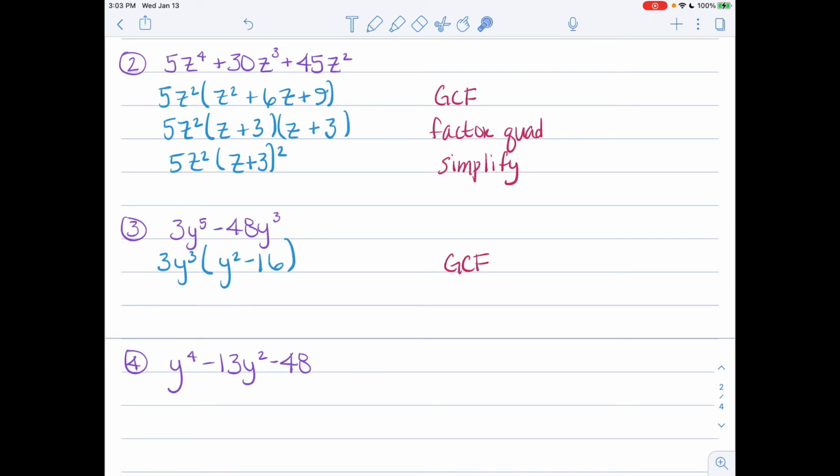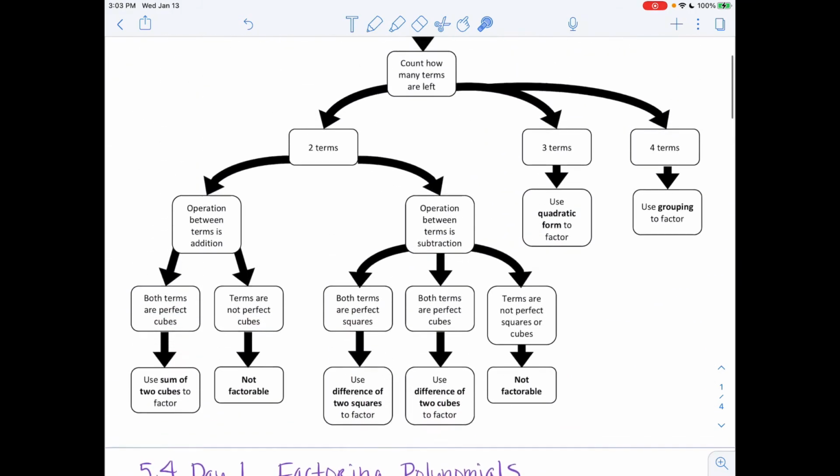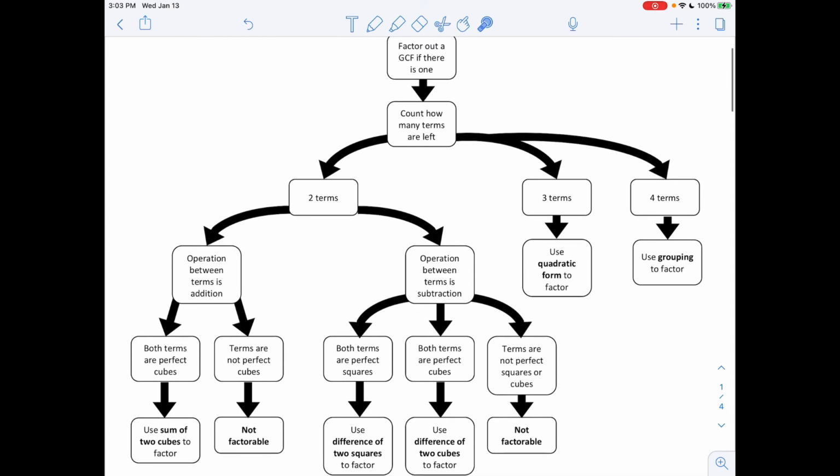So I have this, what we will now call a monomial factor. It's a single term, and it is a factor. It's our greatest common factor. Now we want to look at what's left. We have a y squared minus 16. So let's think about y squared and a 16, and take a look up here at our flow chart. We have two terms left, and the operation between them is subtraction.